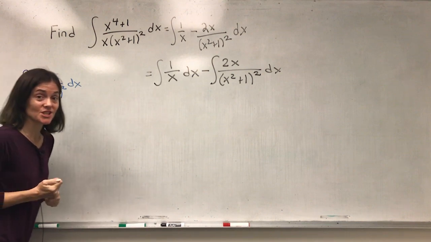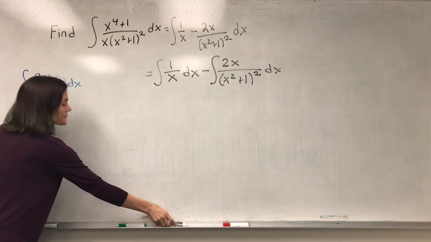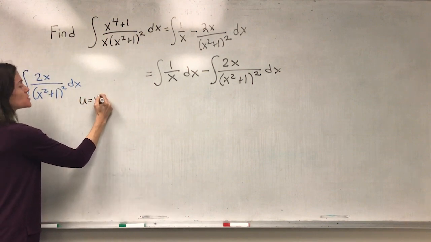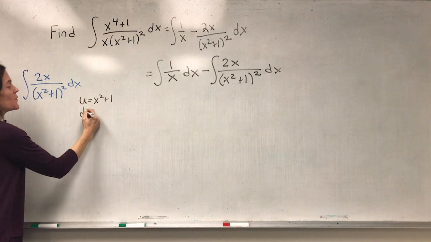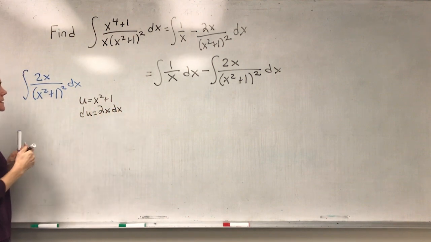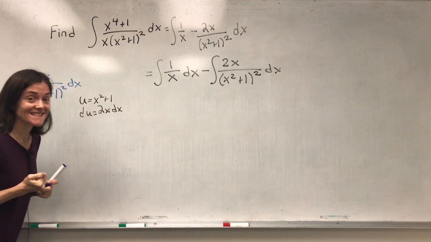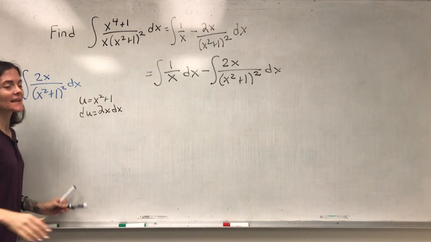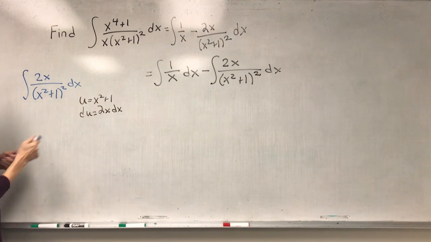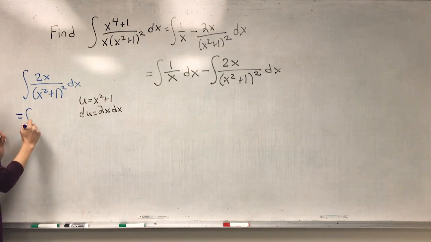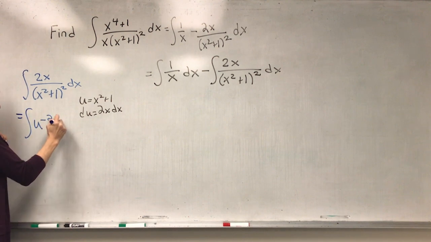This is substitution, where u is x squared plus 1 when we find du 2x dx. Now, we have exactly du. We have 2x dx. Exactly. Okay, perfect. This becomes an integral u to the minus 2 du.